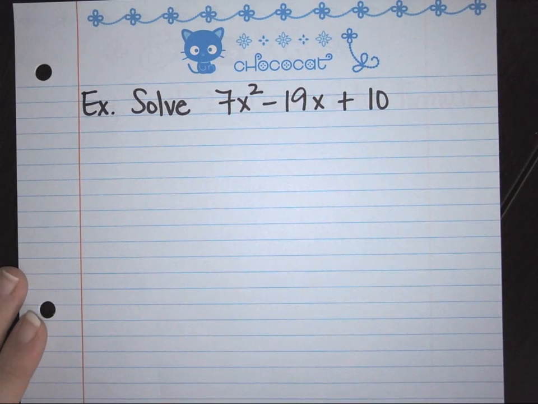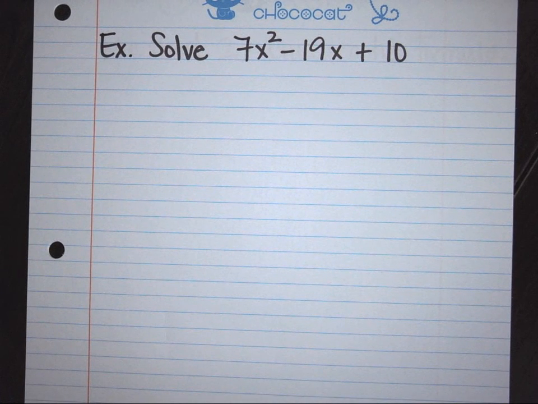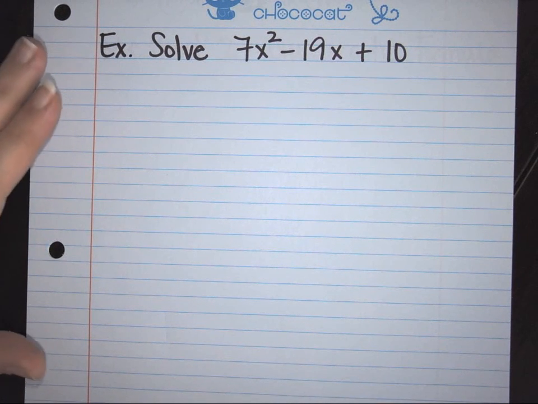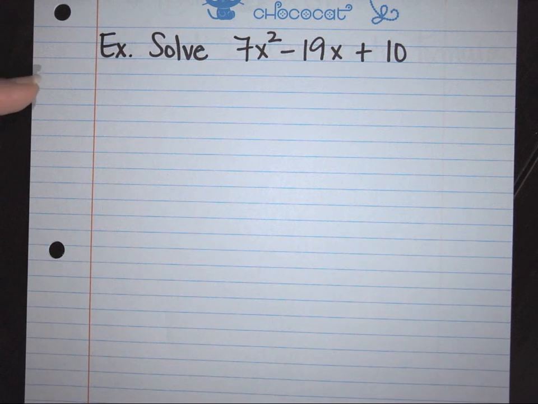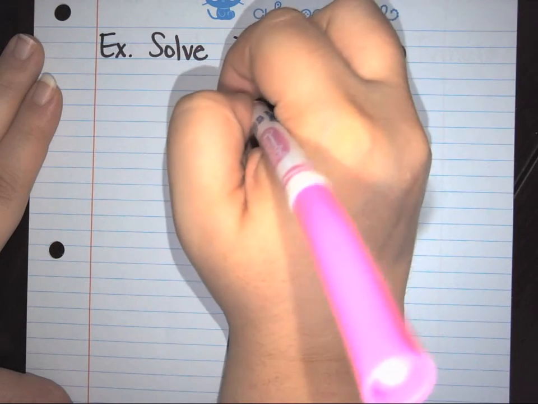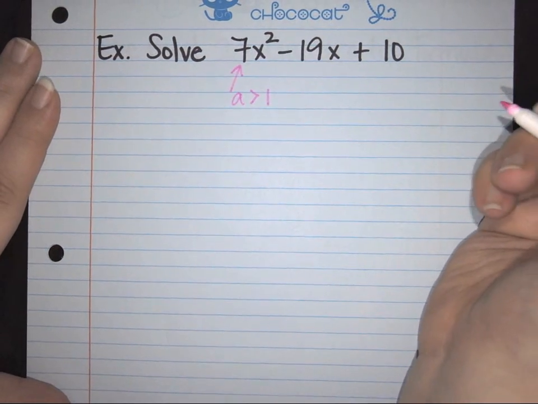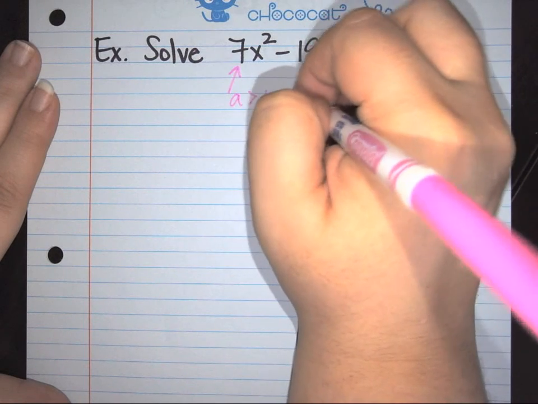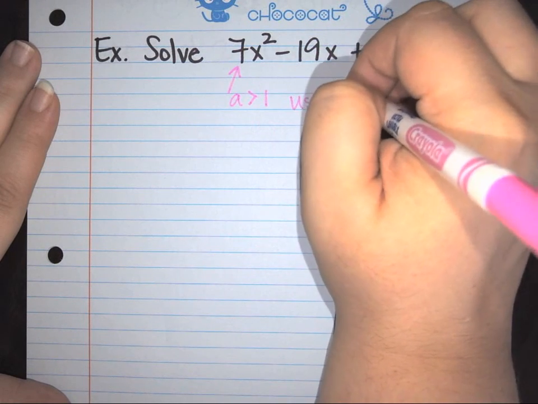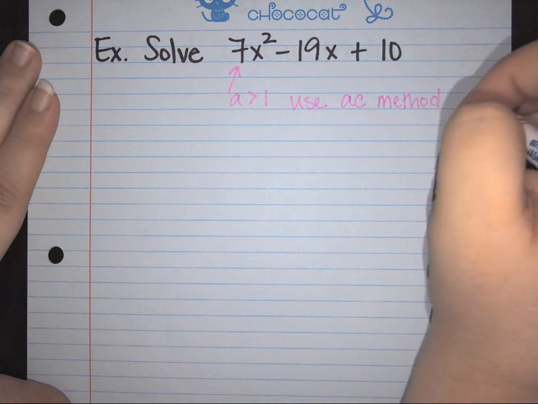All right. So now let's look at this one, which is going to use a different method of factoring. Here, what we have to notice is that my a term is greater than 1. And because it's greater than 1, it means that I want to use that AC method to factor.